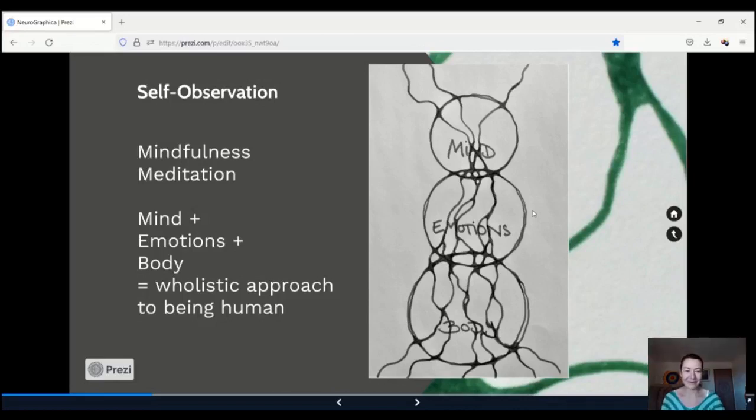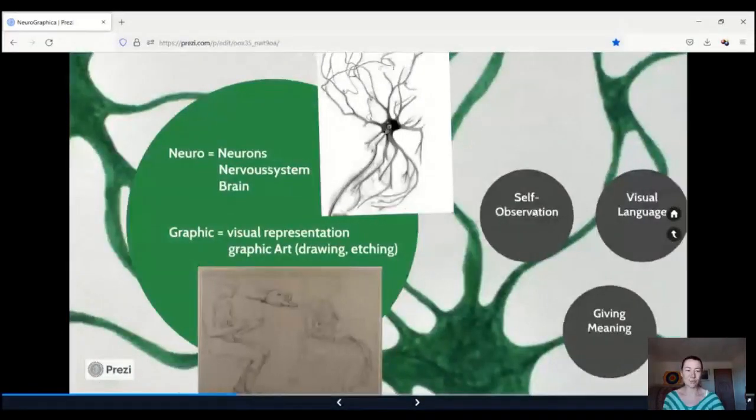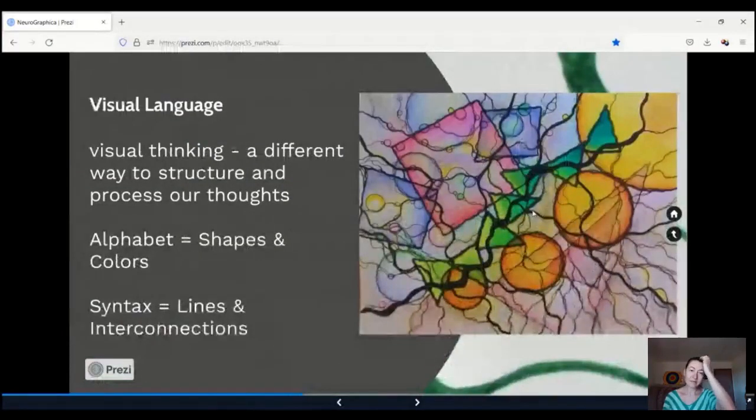Okay, so I'm going to go to the next one, the visual language. Of course, we work with visual elements, and NeuroGraphica's founder, Pavel Piskarev, created a quite specific visual language. We have a visual alphabet. We use certain shapes and we use colors in a certain way.